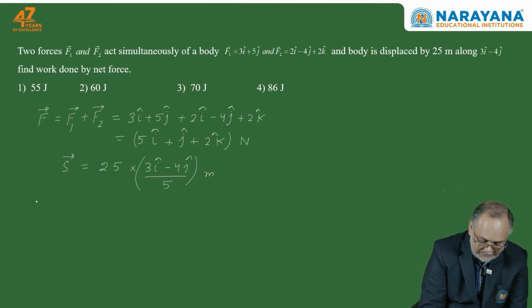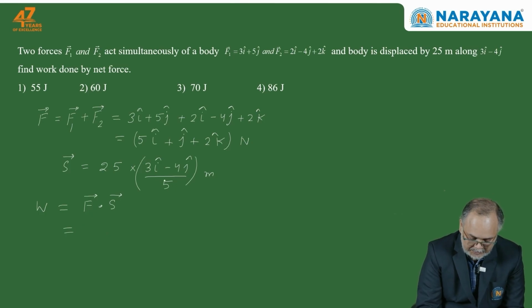Now we can calculate the work done easily because the force is constant. For a constant force, work done we can write directly as F dot S. So we can take the dot product of these two. Here we can write 5 into 3, 15, then j cap minus 4 j cap, so minus 4, and here 2 into 0.